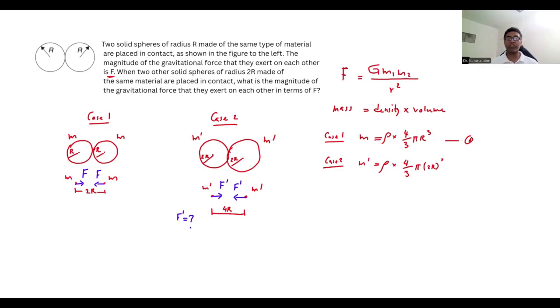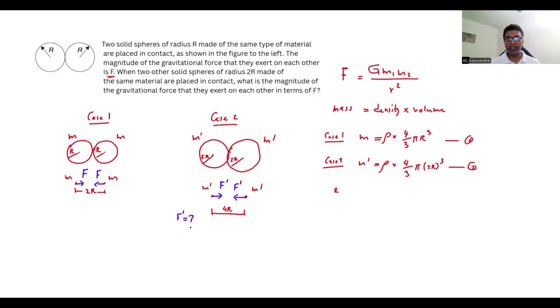Now, using these two equations, I can find M prime in terms of M, the mass of one of those original spheres. So I'm going to use some algebra here.